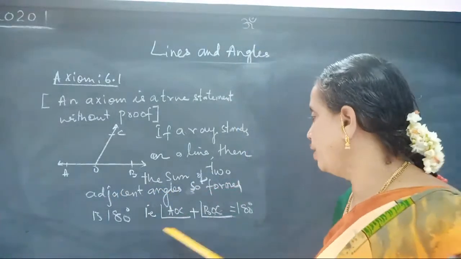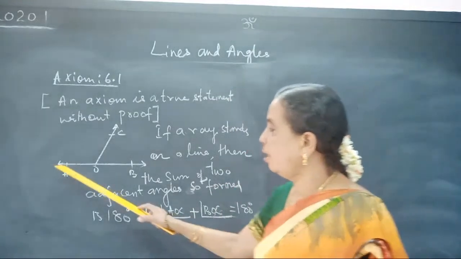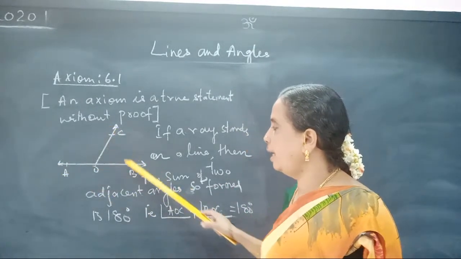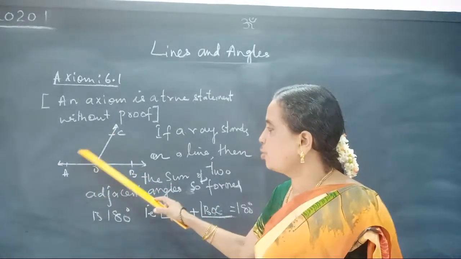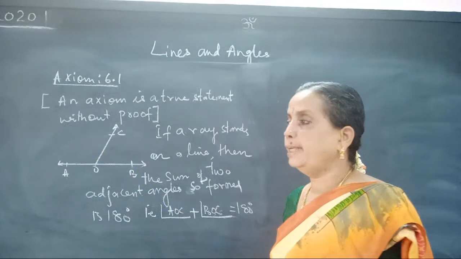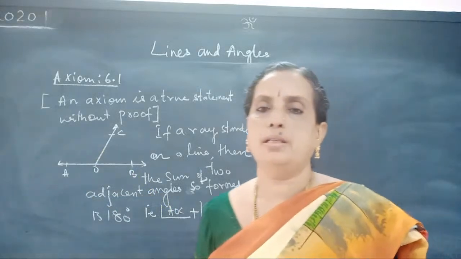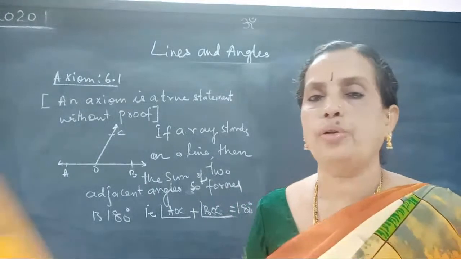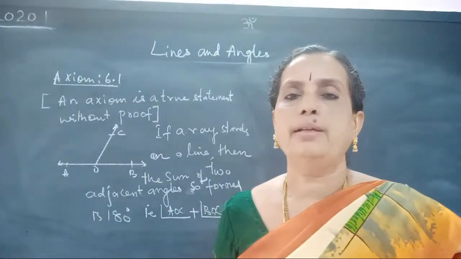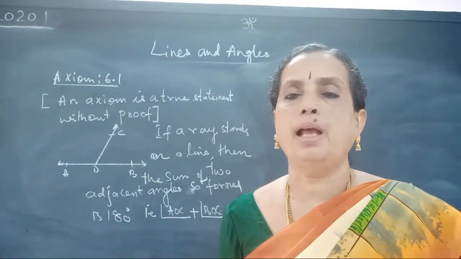I have shown which are those adjacent angles. They are angle AOC and angle BOC, where these two angles are linear pair angles. Linear pair angles form when a ray stands on a straight line.